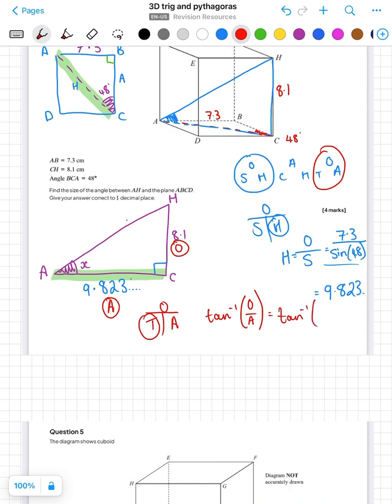So that's the inverse tan of 8.1 over 9.823, the number in our calculator. On the calculator, shift tan, in the bracket we press our fraction button and type 8.1, then move the arrow down to the denominator and use the ANS button to put in the value that was last in our calculator. To one decimal place, that's 39.5 degrees.